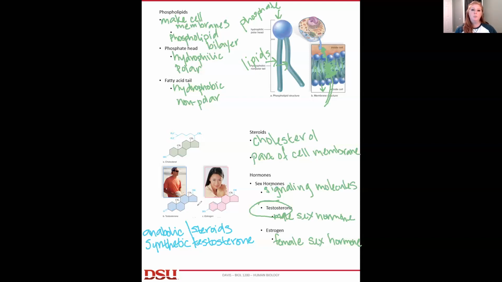because when we add too many levels of synthetic things to our body, it throws off what our body's naturally producing. Having said that, let me say that if we're talking about steroids like the type that are in inhalers for breathing, or if you're having to take an oral steroid for an infection or for arthritis or something like that, that's not the same type of steroid as testosterone and estrogen.